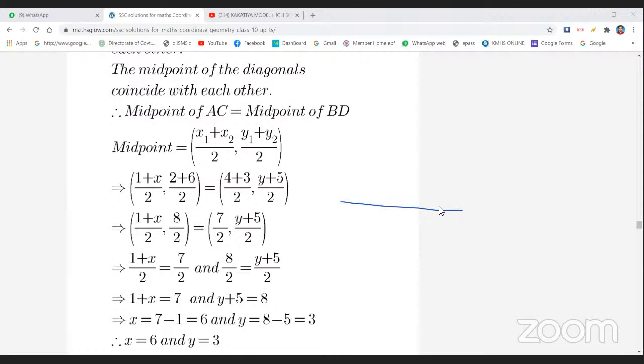Consider it is C, with coordinates (x, y).